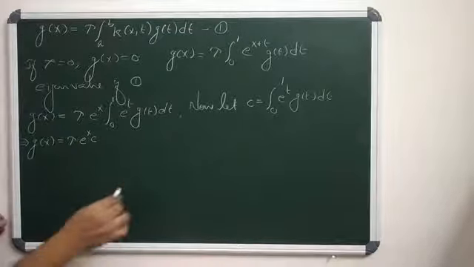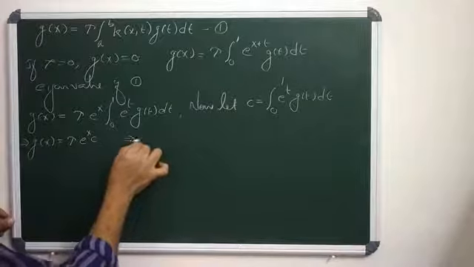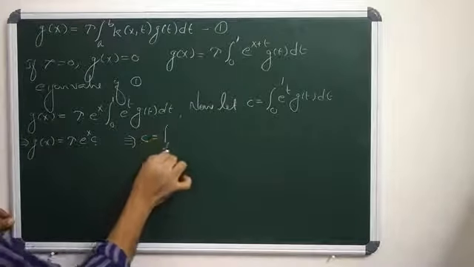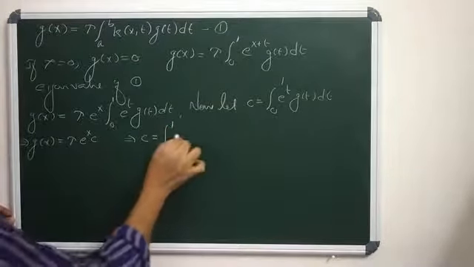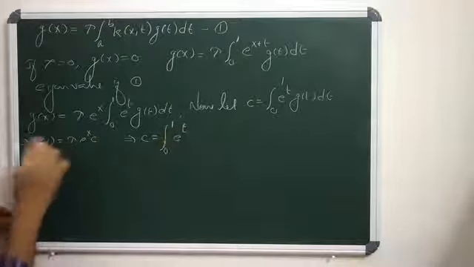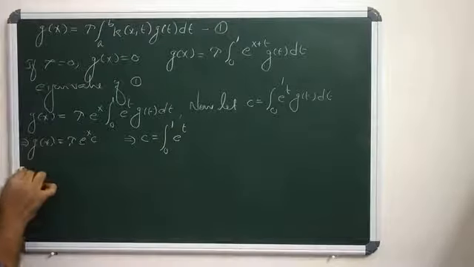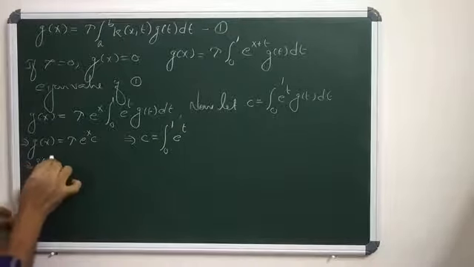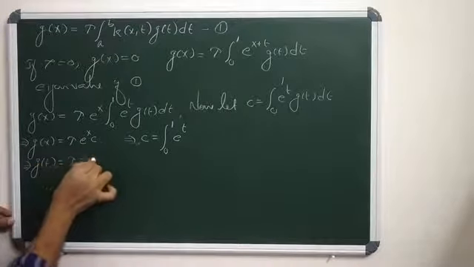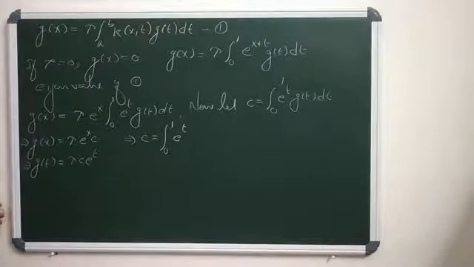Therefore, what is c? c equals the integral from 0 to 1 of e^t g(t) dt, and g(t) = lambda c e^t, replacing x by t.